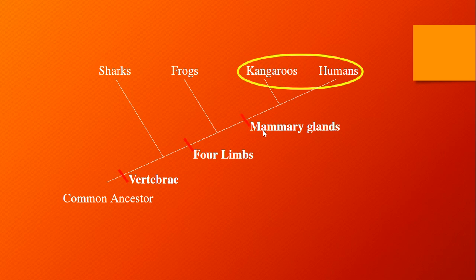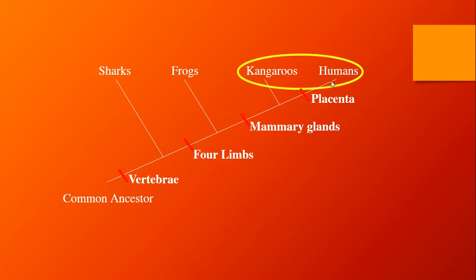Mammary glands, meaning milk can be produced. That can only happen in kangaroos and humans. Frogs can't do it, sharks can't do it, the common ancestor can't do it. And then placenta, that is the type of development in birth, like humans and dogs and cats.